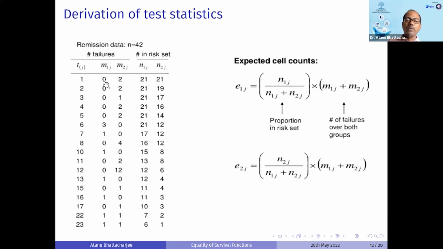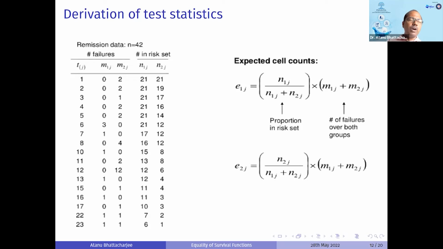For group A we have no events at first, then 3, 1, and so on, and for group 2 there is this number of events that happened, meaning people died. We can calculate the people at risk and make the comparison. These are the mathematical formulae to derive the expected cell counts.